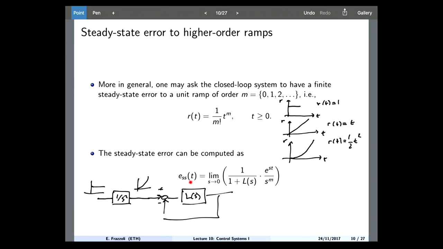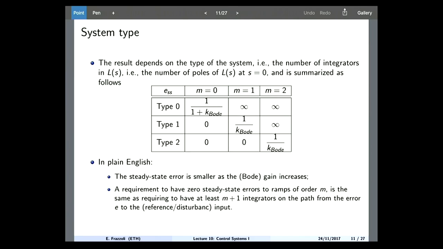So essentially what you see is that in order for the steady state error to be 0, for some value of m, you need to have at least one more integrator than the order of the ramp. And you actually summarize it here.